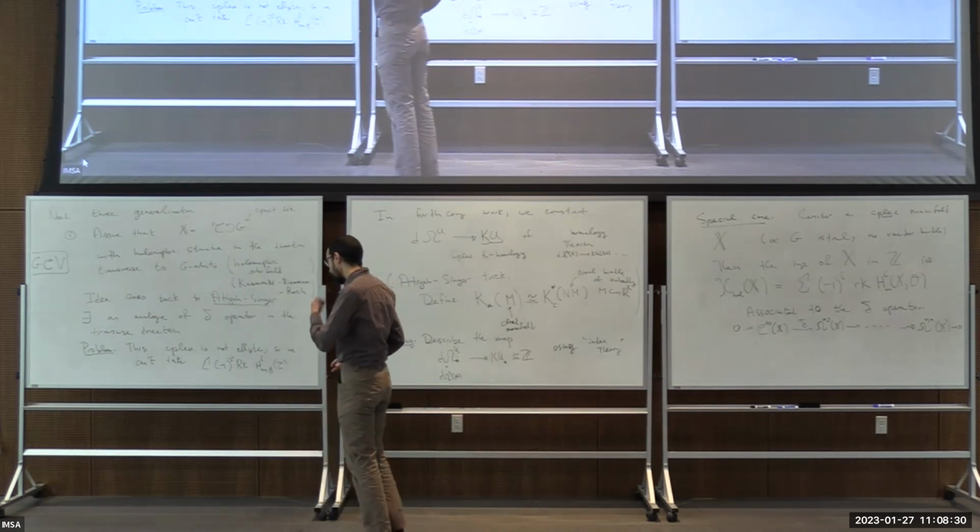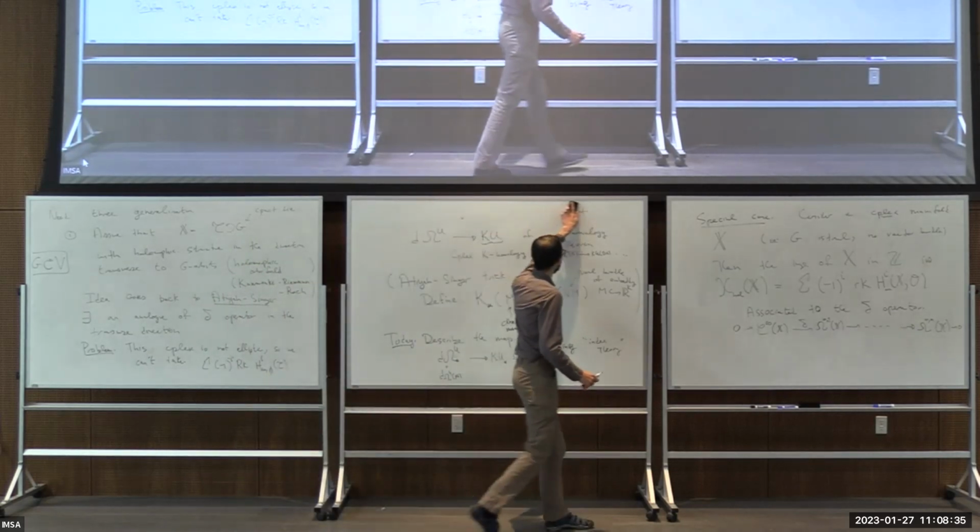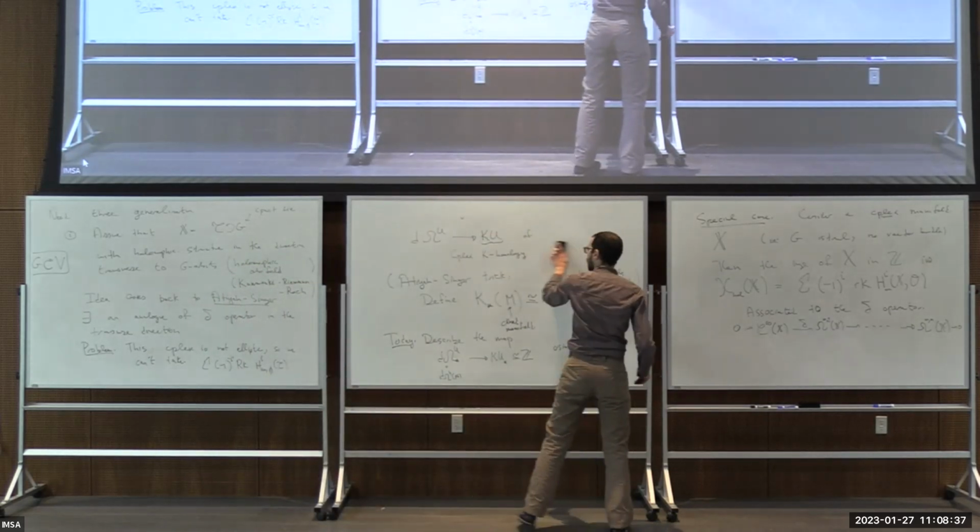But it turns out that if you pass to G fixed points, the homologies are finite dimensional.